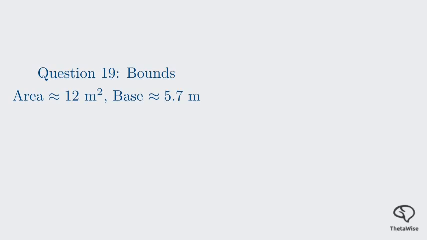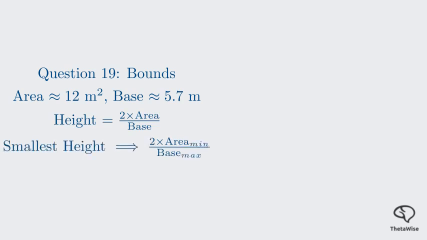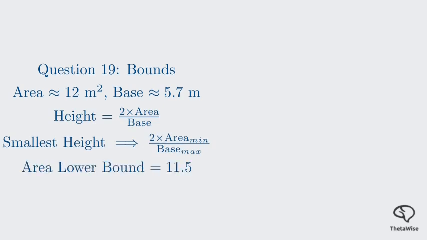Question 19. The area of a triangle is 12 square meters to the nearest integer, and the base is 5.7 meters to the nearest 0.1. We need the smallest possible height. The formula for height is 2 times area divided by base. To make the height as small as possible, we need the smallest possible area and the largest possible base. First, find the bounds. The lower bound for the area is 11.5.